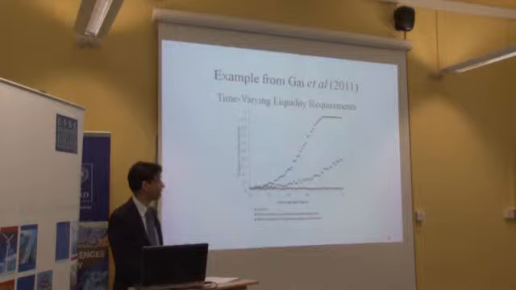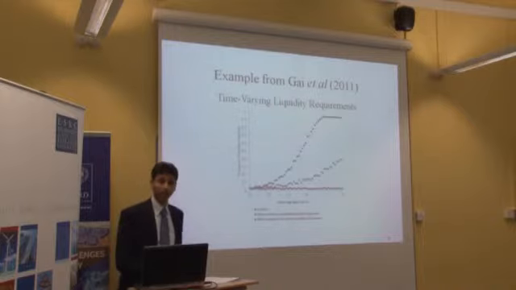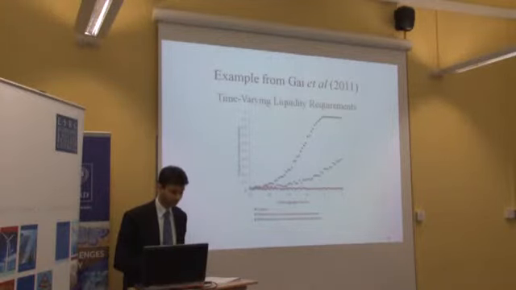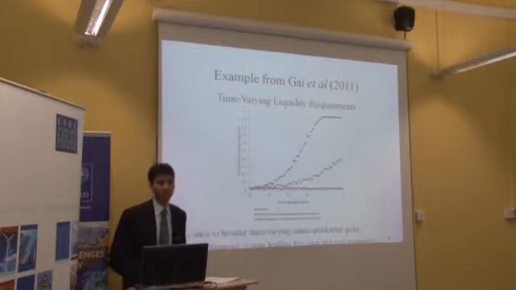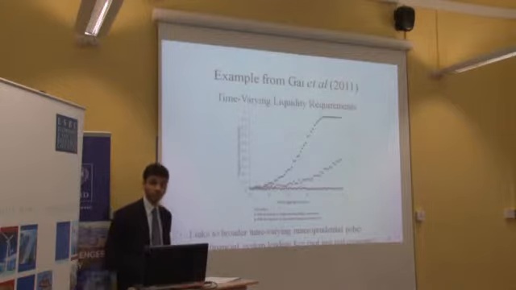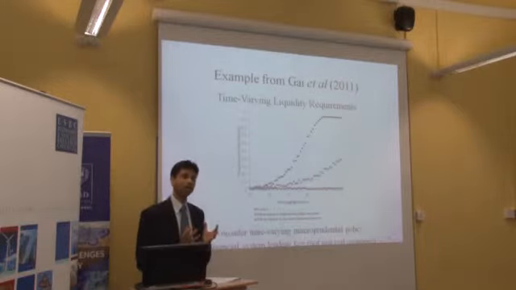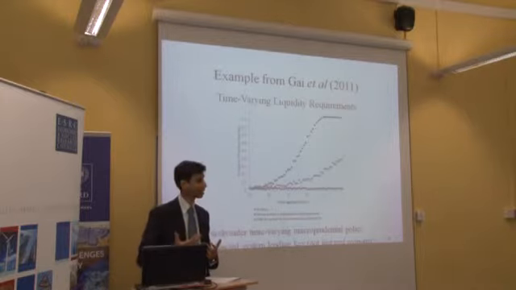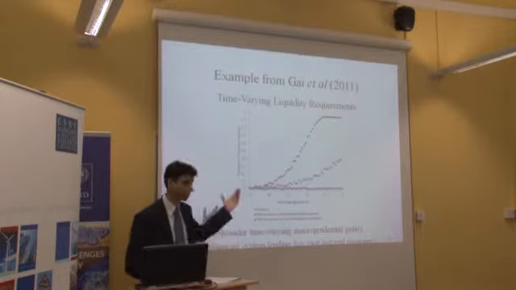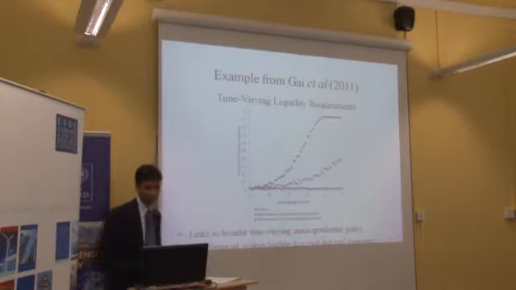They say, as haircuts fall, hold more liquid assets, and I can make the system more resilient, and I can offset this sort of time-varying systemic risk. So what I'm doing here is building resilience to shocks. I may also curb exuberance, and this links to broader time-varying macroprudential policy. And the point I want to draw out here is that macroprudential policy is often talked about in terms of real economy assets. It's equally important when thinking about intra-financial system activity, and this is the sort of example that you might think about.